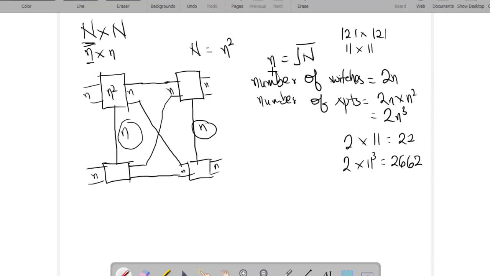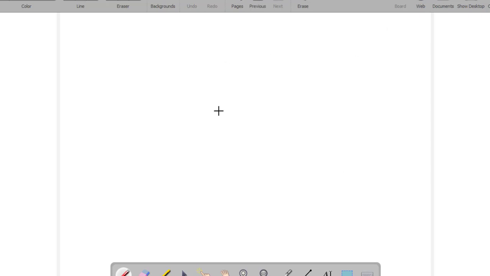So for the condition that your small n is equal to the square root of capital N, the number of switches will be 2 times n, and the number of cross points is going to be 2 times n cubed. Let's now add a mixing stage to the network.